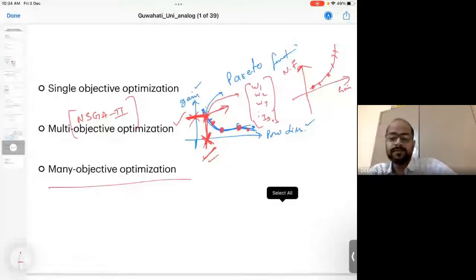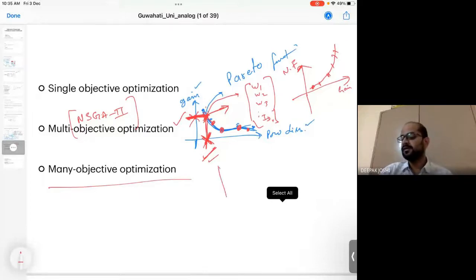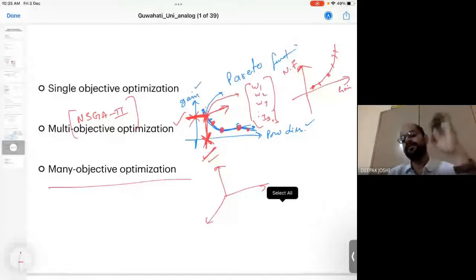Many objective optimization is when we consider more than 3 objective functions at the same time, and these are competitive objective functions. Let us say power, gain, and bandwidth are taken on three axes. Then instead of a Pareto front, Pareto surfaces can be generated, and the points on these surfaces provide the design for the best possible scenario within the provided ranges of the cost functions.